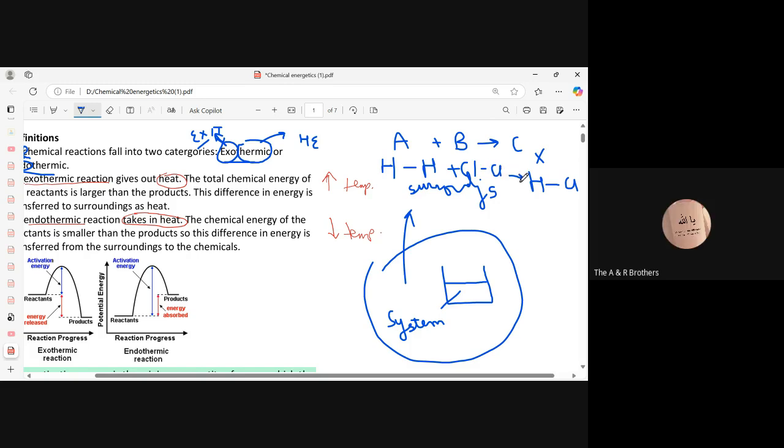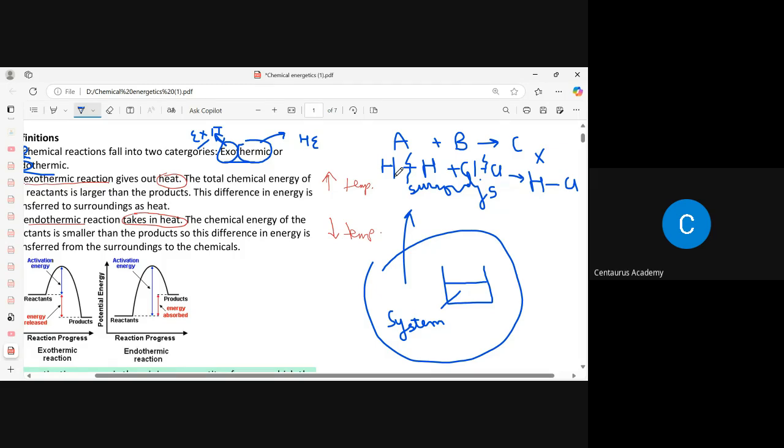Yes. Okay. Yes, miss. Now, how is this whole concept linked to the system and the surroundings concept? When this reaction is taking place, these old bonds are broken, and then new bonds are formed. Sometimes the reactants do have sufficient energy to collide with each other.